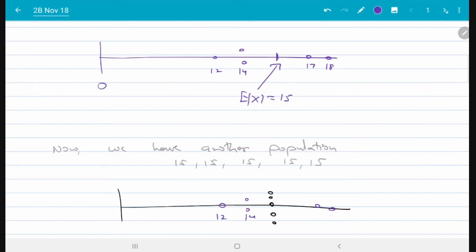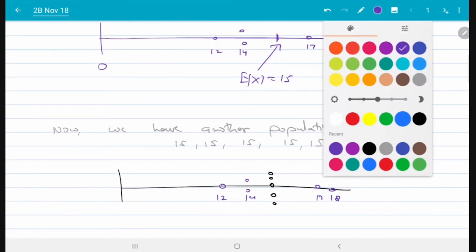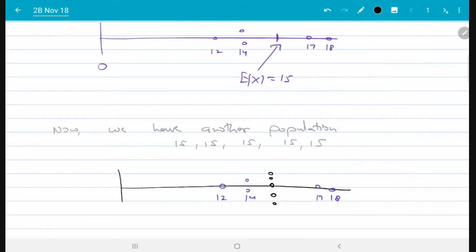We have 12, 14, 17, 18 in the first, and we have 15 over here.